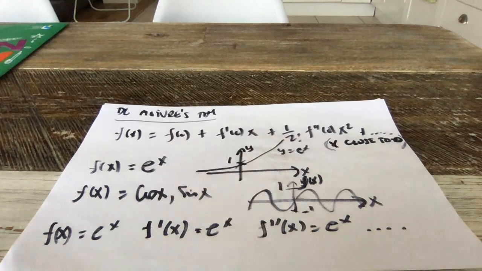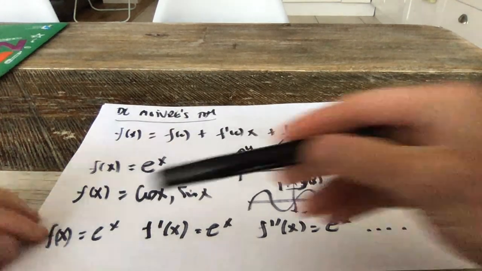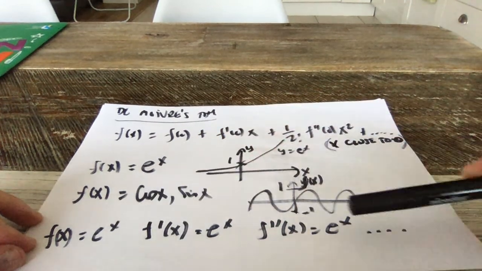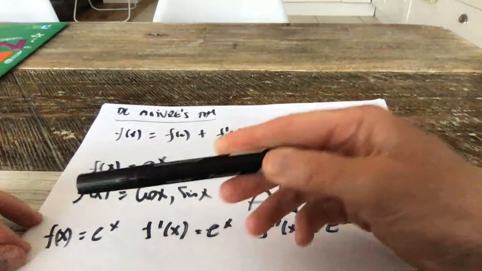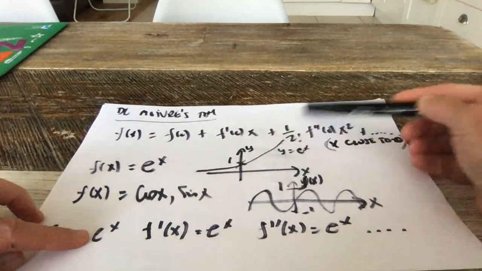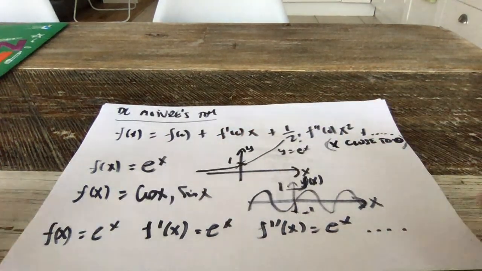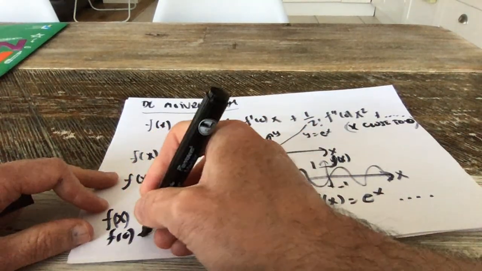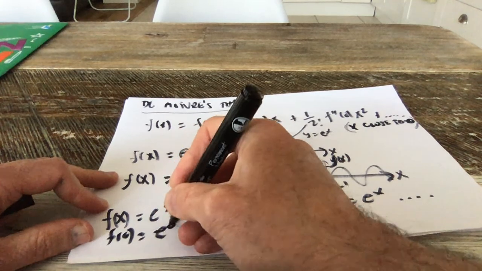Okay? But from our perspective, what we want to use now is the fact that we know what the derivatives of exponential x are in our formula here. So we want to get f of 0, so we're going to replace x by 0 here, and x by 0 here, and x by 0 here. So you'll see for exponential x that f of 0, exponential 0, is 1.